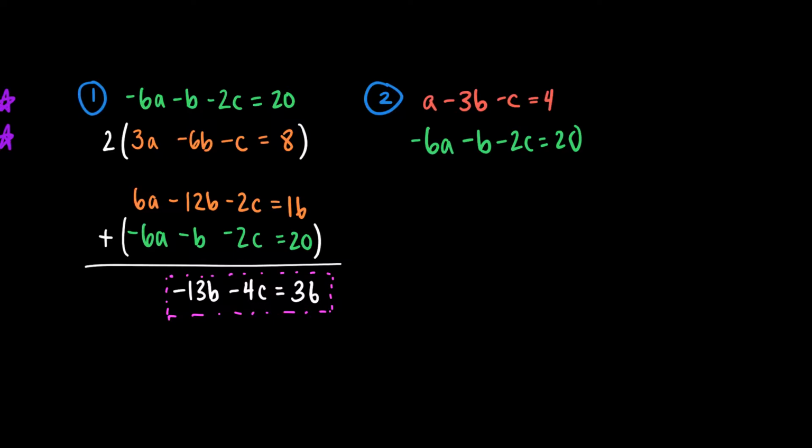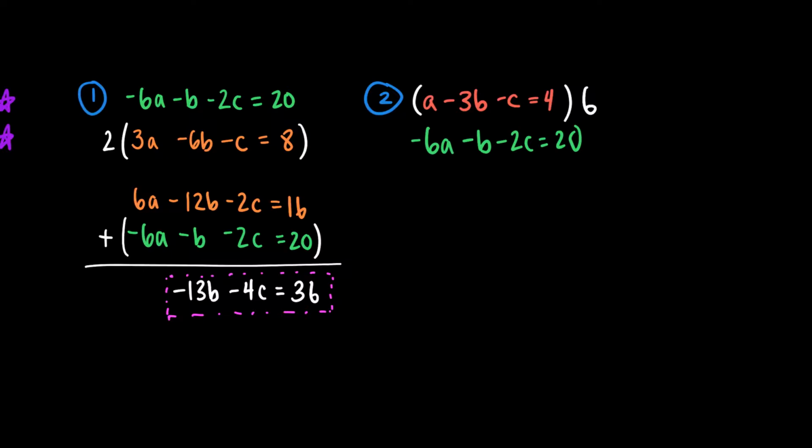All right, and the goal here was to eliminate the A's, so I'm going to recommend multiplying the top equation by 6, because what that'll do is it'll give us 6A, and then when we add, it'll cancel with that negative 6A there.